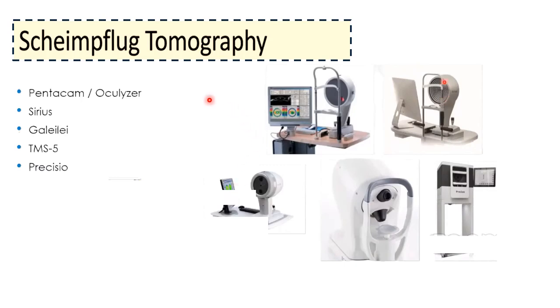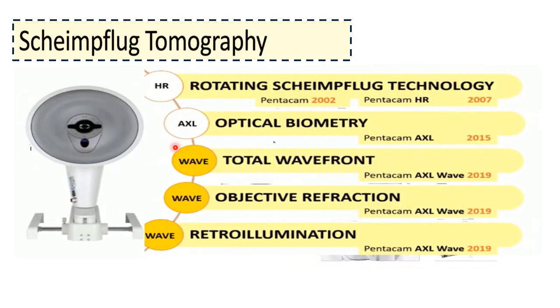Of course, the most common one is the Pentacam, which has been present for a long time, and actually the Pentacam is now a family that ranges from the classical Pentacam to the HR Pentacam to the Axial Pentacam for optical biometry, and lastly they developed the Wave Pentacam, also using the Scheimpflug technology, with the extra features of objective refraction and also retroillumination, which make it very peculiar to the Pentacam system.